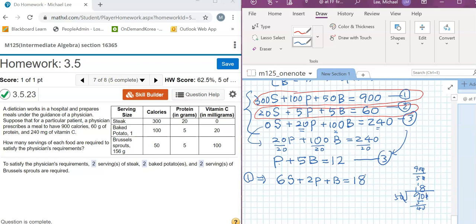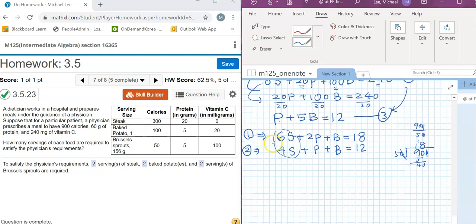And number 2, I can also divide by 5. So 4S plus P plus B is 12. I'm going to eliminate S. So this one, I multiply by 2: 12S plus 4P plus 2B equals 36.